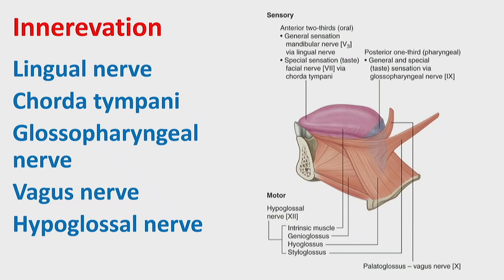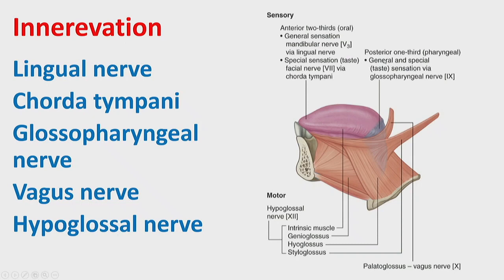the facial nerve. So for the anterior two-thirds, as you see, there is a difference: the general sensation is innervated by the lingual nerve, which is a branch of the mandibular nerve, and the special sensation or taste by the chorda tympani.